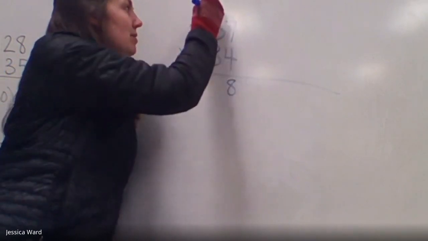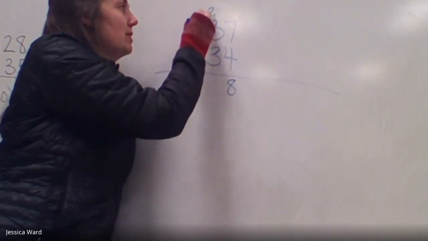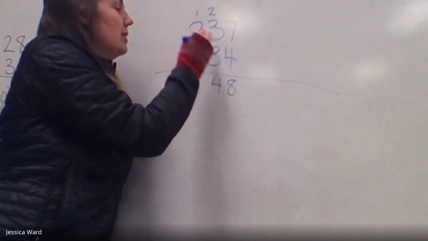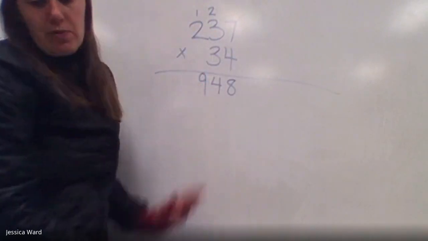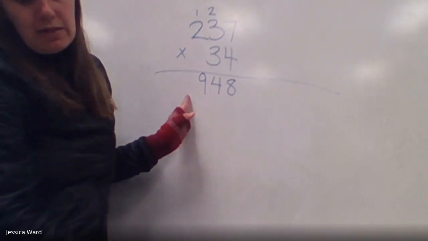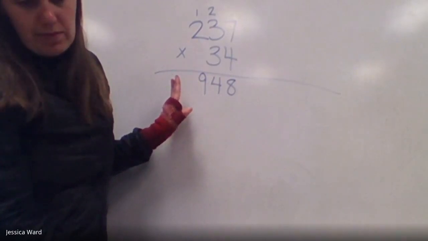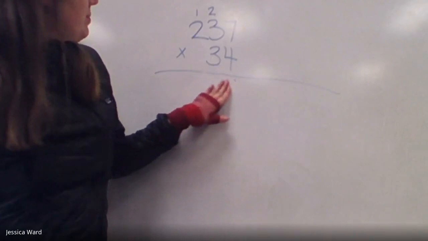My 8 down here, and 2 up here. 4 times 3 is 12 plus 2 more makes it 14. 4 times 2 is 8 plus 1 more makes it 9. So my first product that I'm answering, no, why is that not looking right? It's very frustrating. Let's start over.